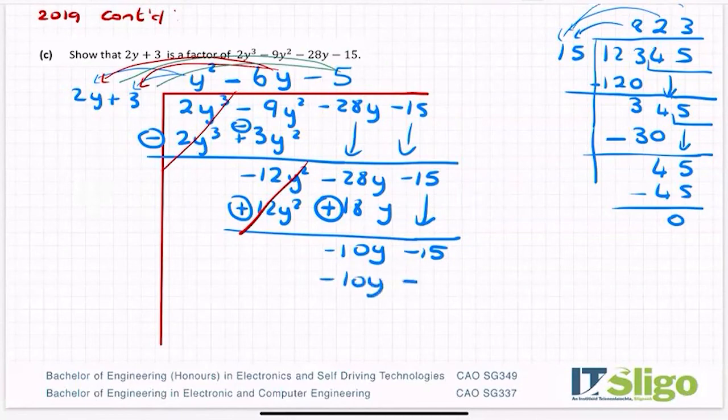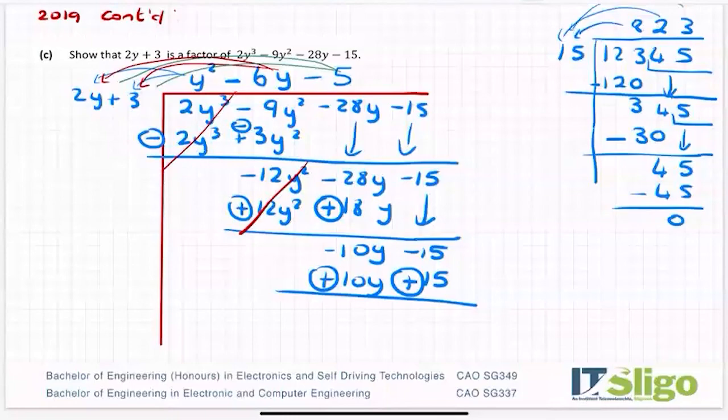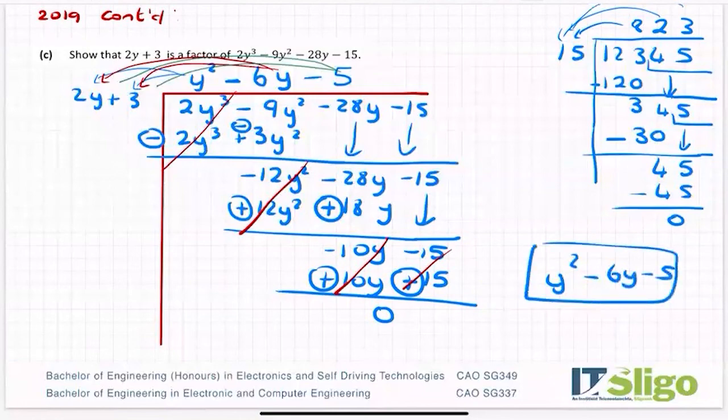Minus by plus is a minus. 5 3's are 15. Change the sign, change the sign. Minus 10y plus 10y cancels. Minus 15 plus 15 cancels. So your answer, y squared minus 6y minus 5, is the answer when you divide it in.